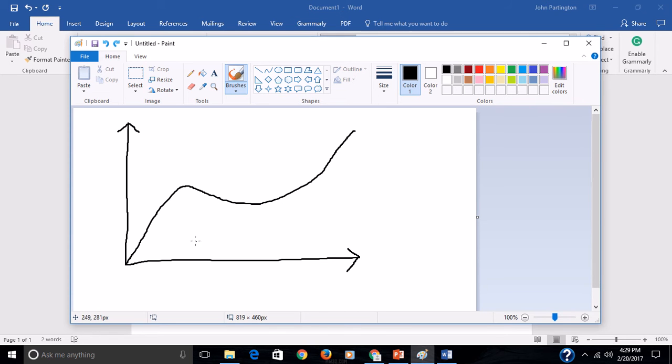In other words, we're looking for the slope of the line that will touch this curve at one point, and this will match the slope at that point. So this is what we want. Now, this line here is denoted the tangent line. So this tangent line here is what we're trying to find. This way we know the velocity exactly at a point.